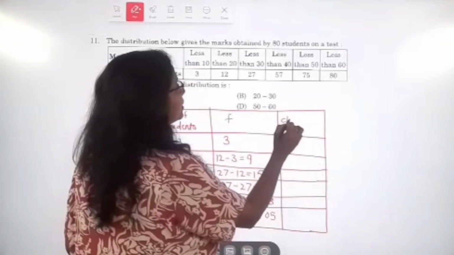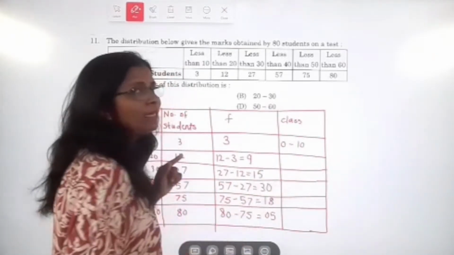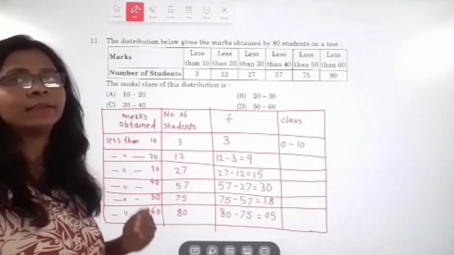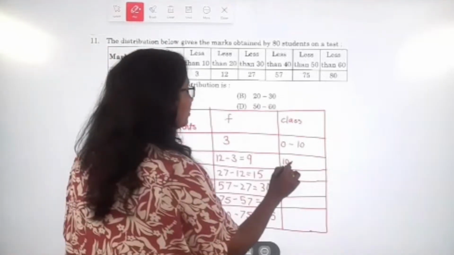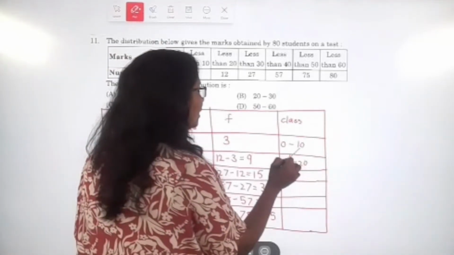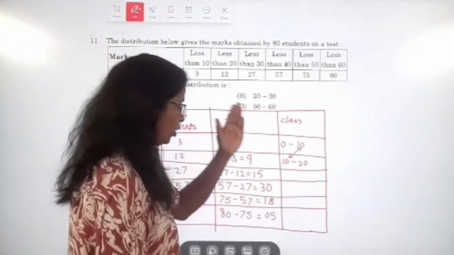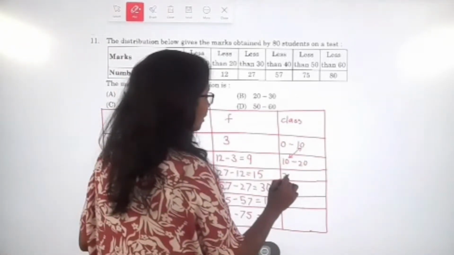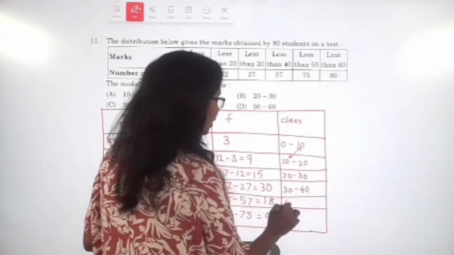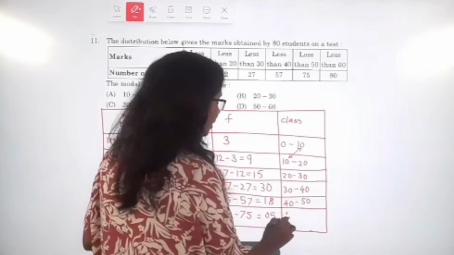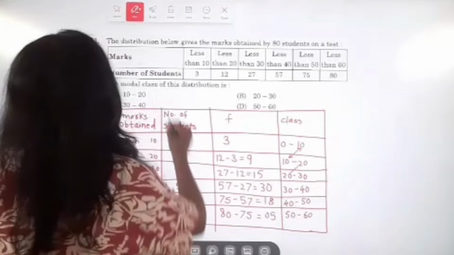The classes are 0 to 10, because less than 10 means 0 to 10. Then less than 20 means 10 to 20. These are continuous classes, upper limit to lower limit: 20 to 30, 30 to 40, 40 to 50, and 50 to 60. Continuously you can see this.